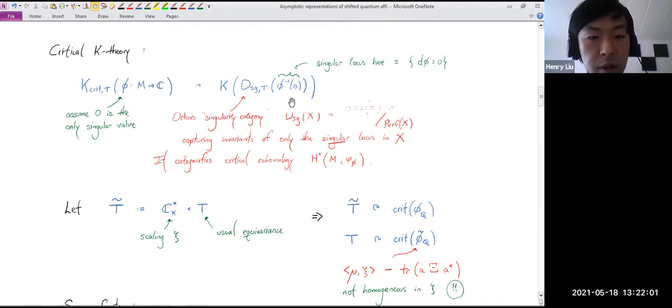And so what is critical K-theory of this function phi? It's the K group of a modification of D^b Coh called the singularity category. This is originally due to Orlov. I think he first introduced it to study certain Landau-Ginzburg theories.